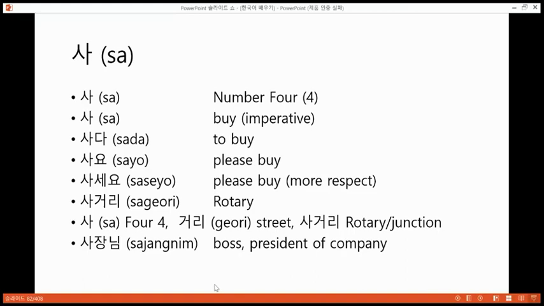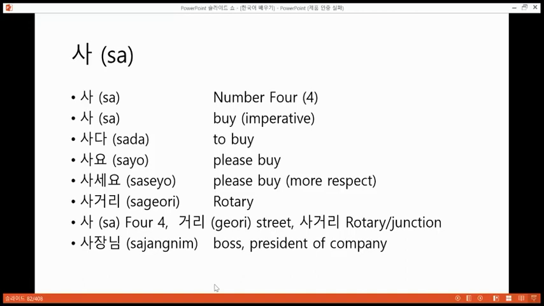But there's another word 사, which means imperative to buy. Can you say 사? 사 means buy as imperative. So Ilocano kumatangkayo, no? Kumatangkayo, and Tagalog bilin mo yan, no? I don't know in Malay.